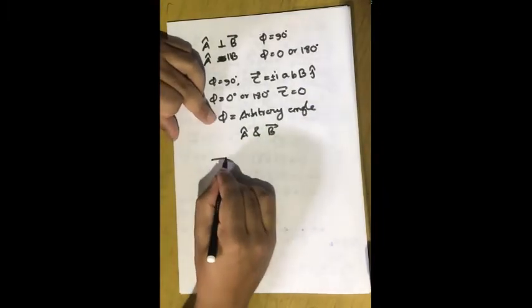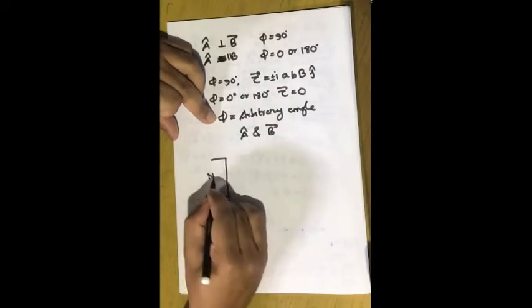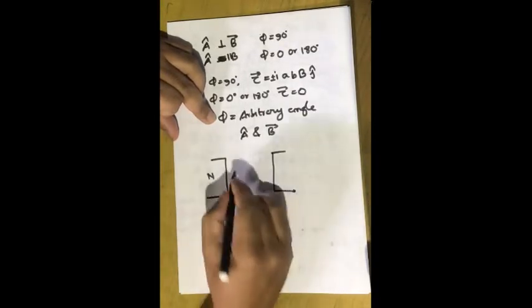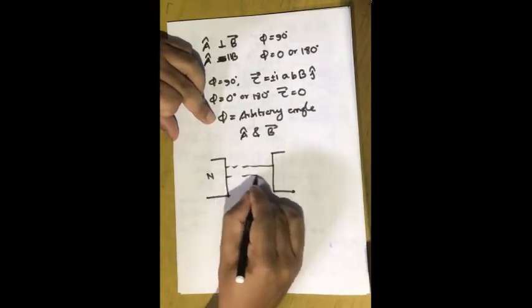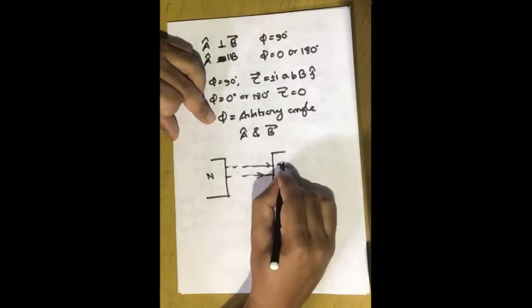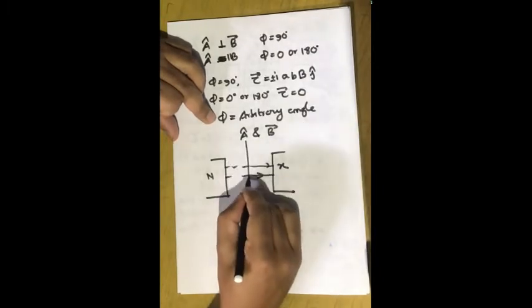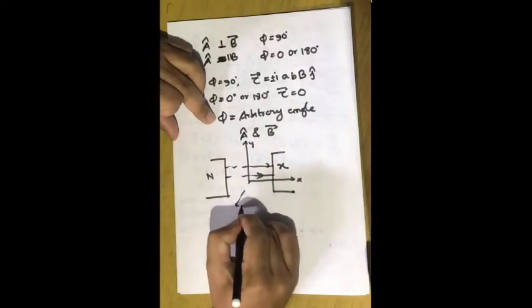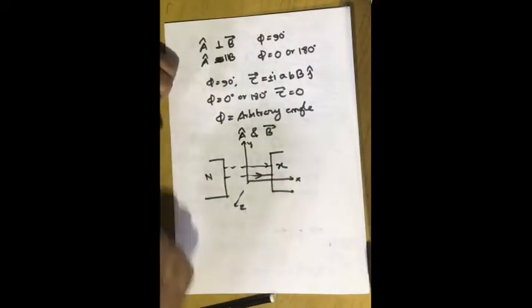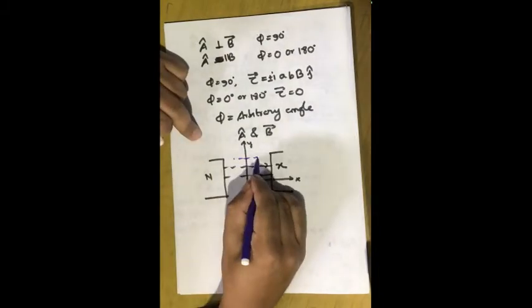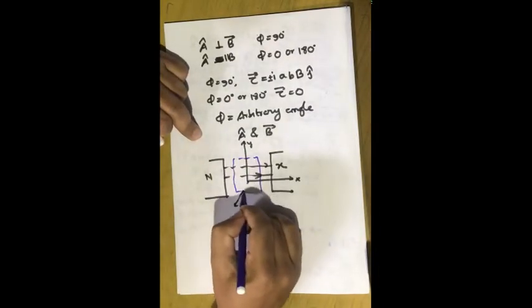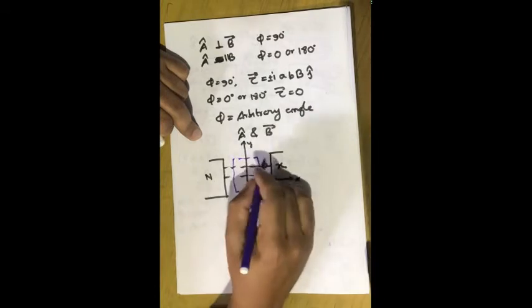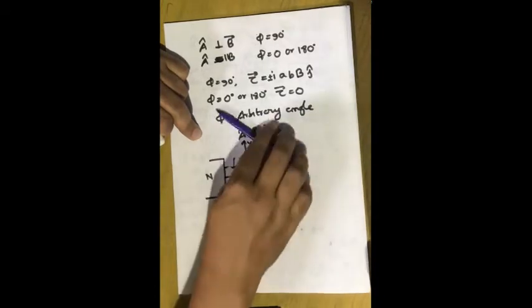In the earlier case, as you remember, suppose this is a uniform magnetic field B in the x direction, this is x, this is y, and this is z direction, and the current carrying loop was in the xy plane. So the normal vector to that loop was along the positive z direction.